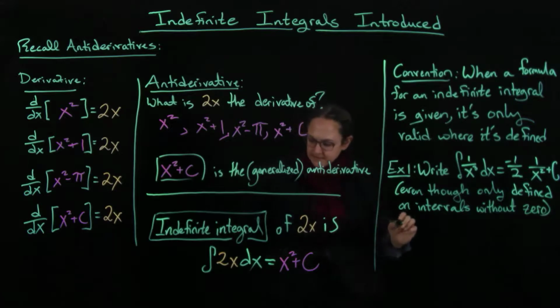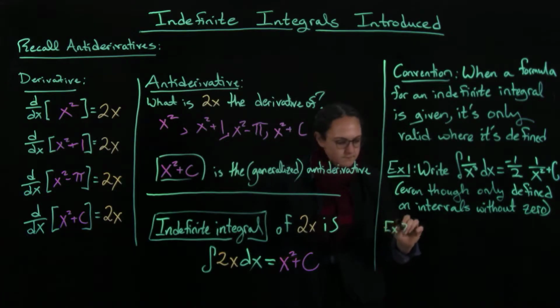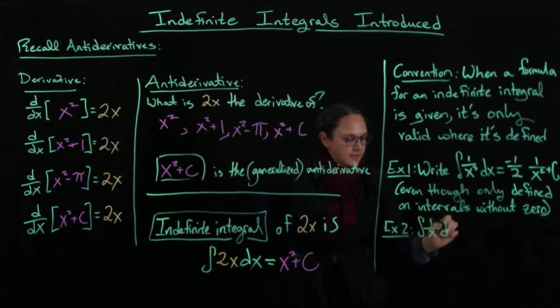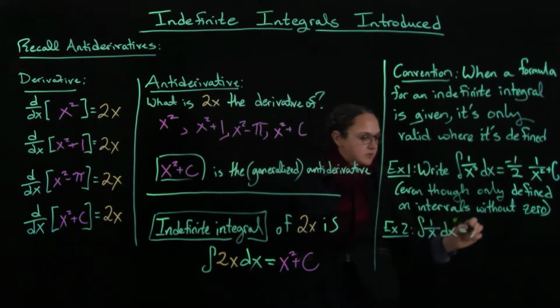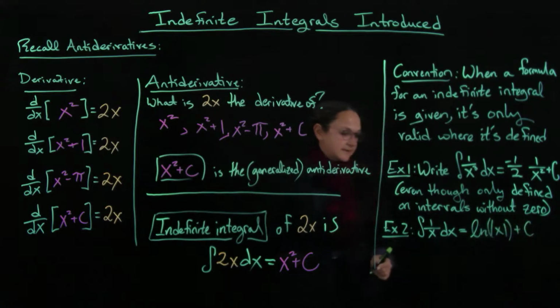Okay, and then my second example will be the integral of 1 over x dx is going to equal the natural log of the absolute value of x plus c.